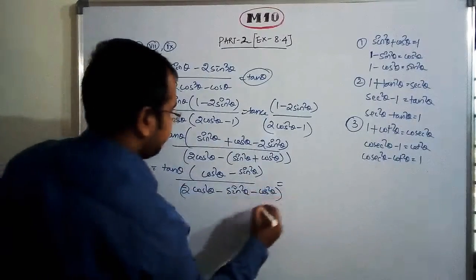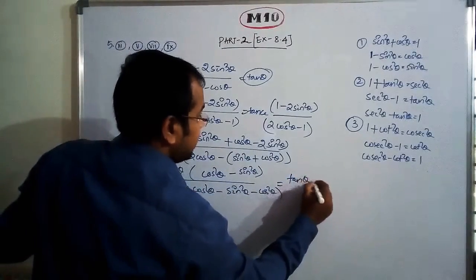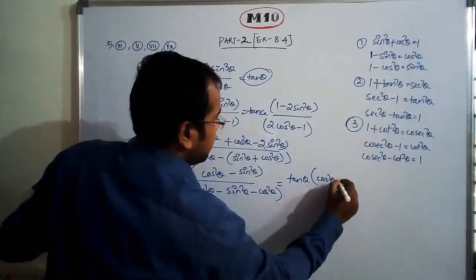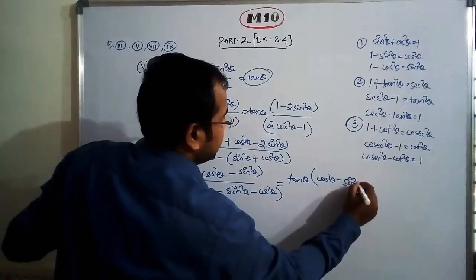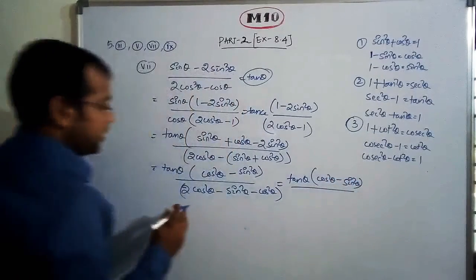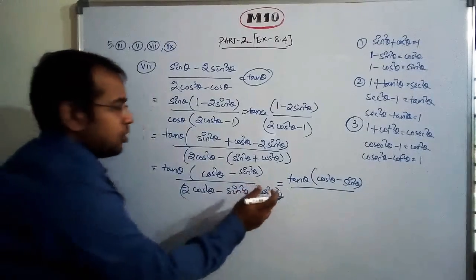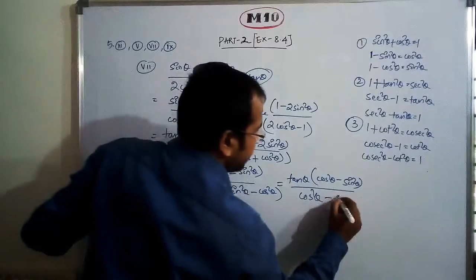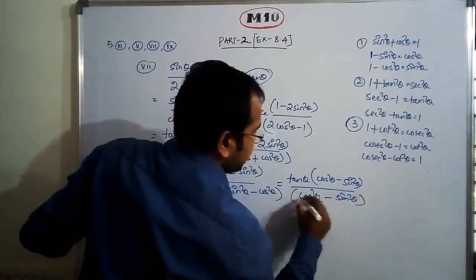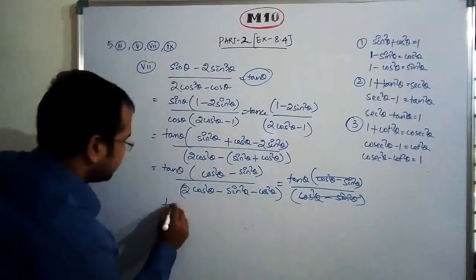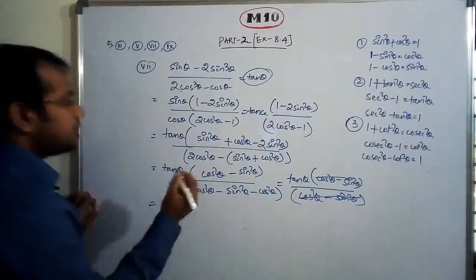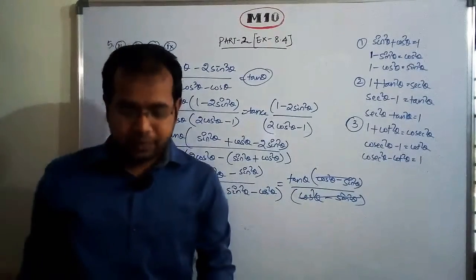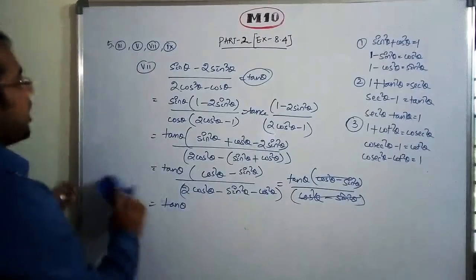Now see what you are getting: tan theta whole into cos square theta minus sin square theta divided by 2 cos square theta minus cos square theta, which is cos square theta minus sin square theta. So see here, these two terms are cancelled out. So what is remaining? That is nothing but your tan theta, that is your RHS. Proved.